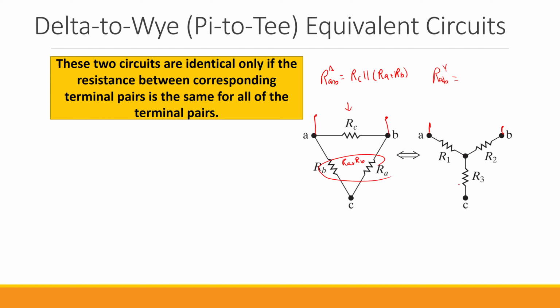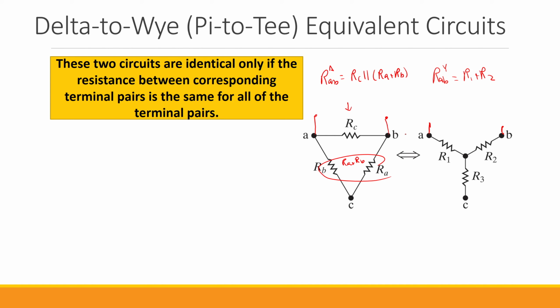For our intents and purposes, it looks as if R3 is not there anymore. So our RAB for the Y configuration is going to be R1 plus R2.